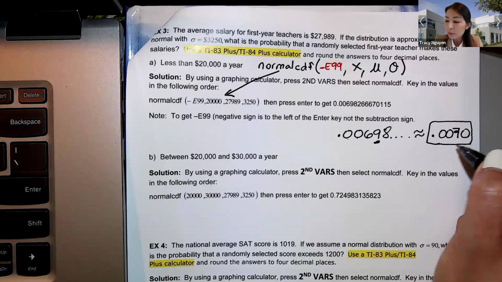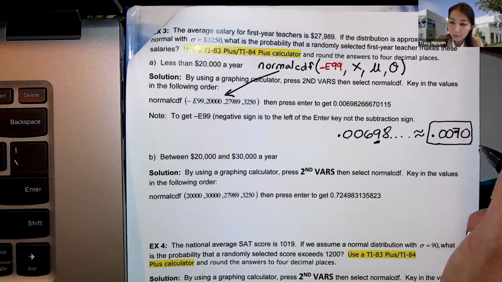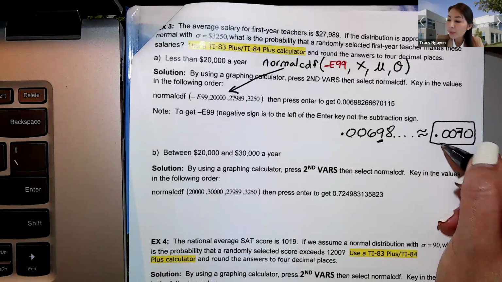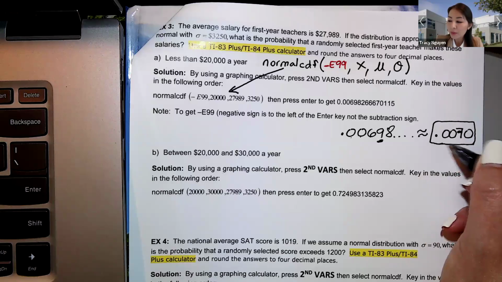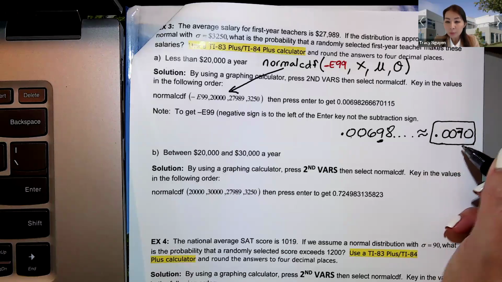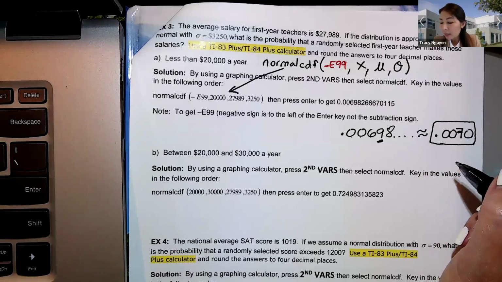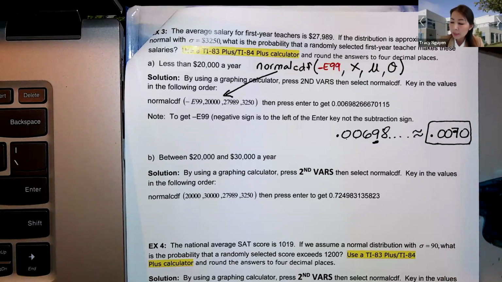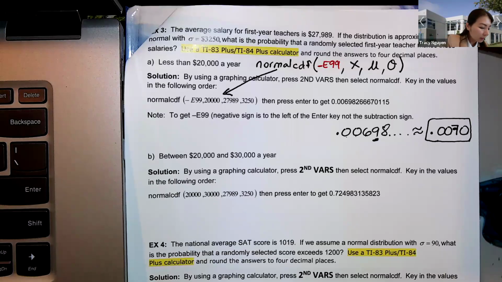So we compare the results with the table. The table is a little bit off, but it's perfectly fine. If you think about it, it's 0.0069 versus 0.007, very, very small, like 1 out of 1,000.